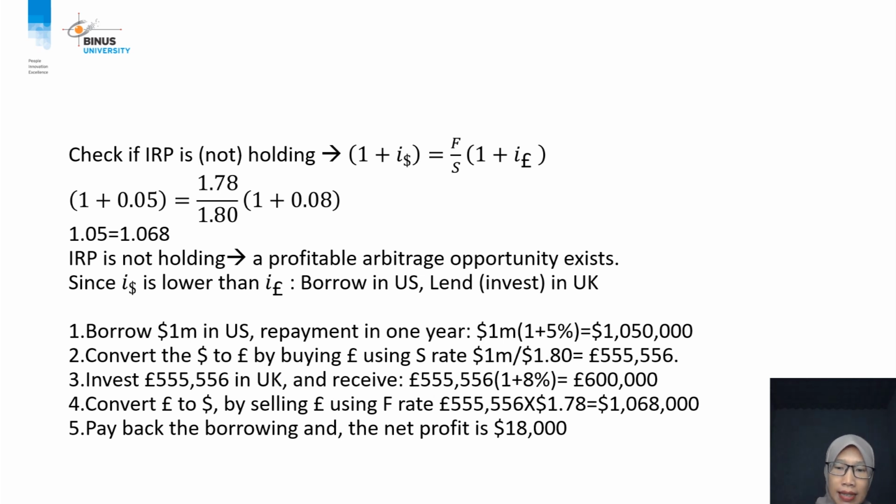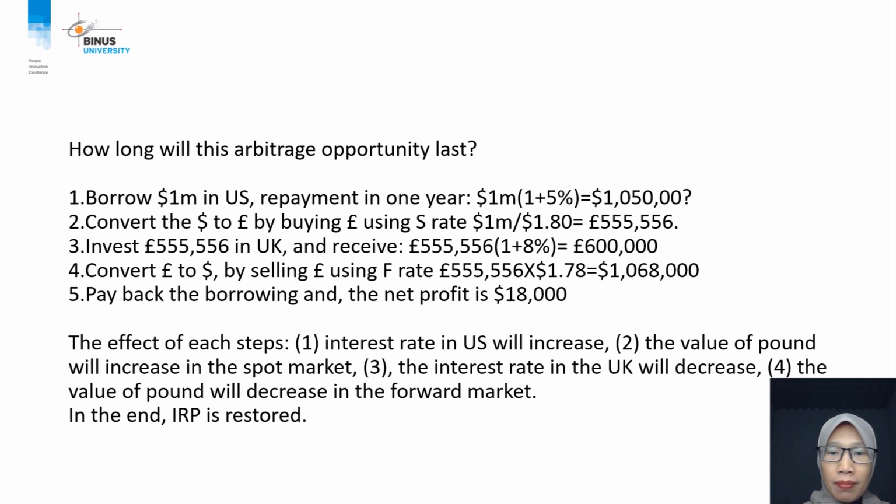So this situation shows that IRP is not holding because you can gain a profit. So how long will this arbitrage opportunity last? Looking at the steps before, the effect of each step is as follows. For the first step, the interest rate in the US will increase because everyone is borrowing in the US.